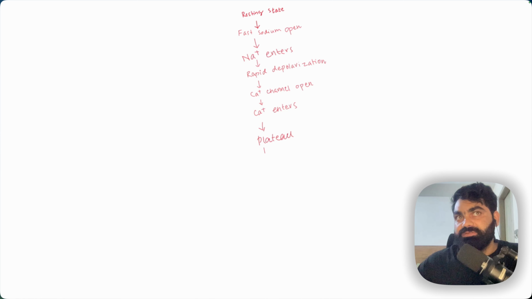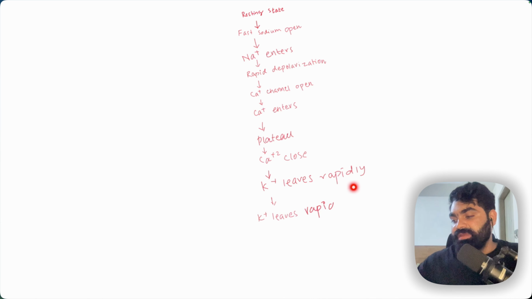Then the calcium influx stops, the plateau ends, and the potassium starts leaving rapidly, and that is the repolarization stage. This completes the action potential, and then the cell returns back to resting membrane potential. So this is the whole thing.